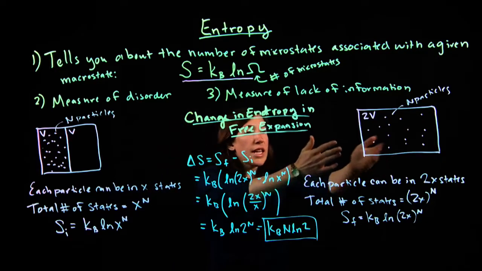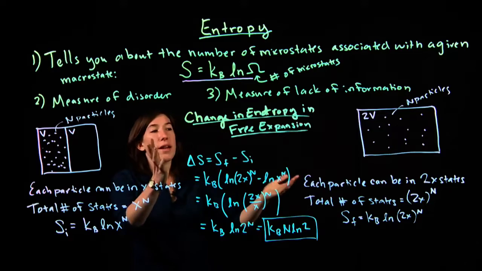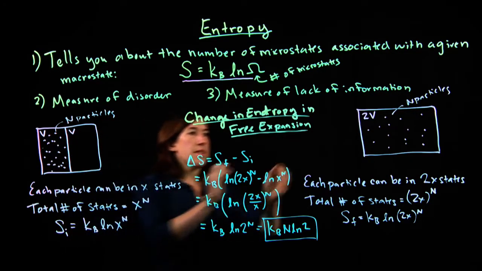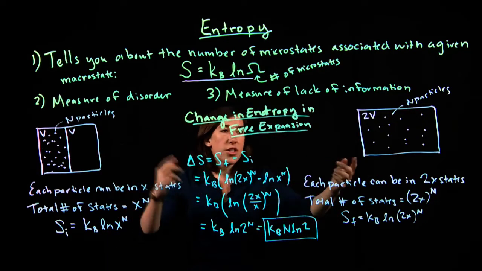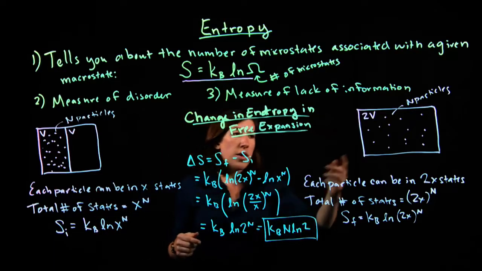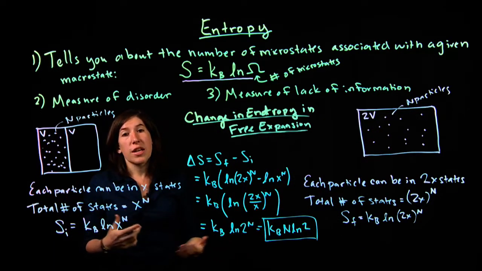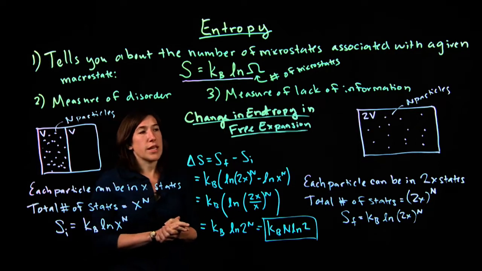Whereas now, each individual particle could be on the right half or the left half. You don't know that information. So in going from this state to the final state, you've lost some information. If you wanted to track each individual particle now, you have twice as many places for each particle to be, so you have less information about each individual particle. You have less information about what particular state you're in.